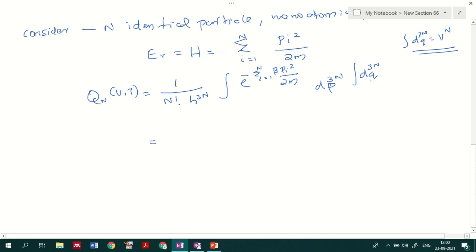So if I substitute that, I'll be having v raised to n divided by n factorial h raised to 3n integral e raised to minus beta pi square by 2m. If I represent it in this fashion, that is e raised to x1 plus x2 plus x3.